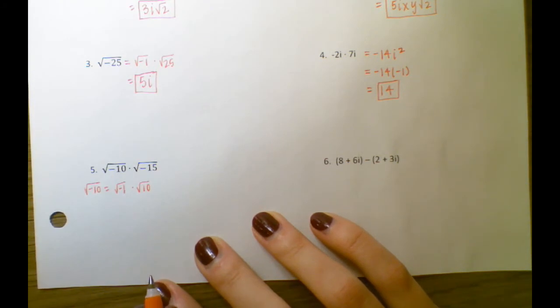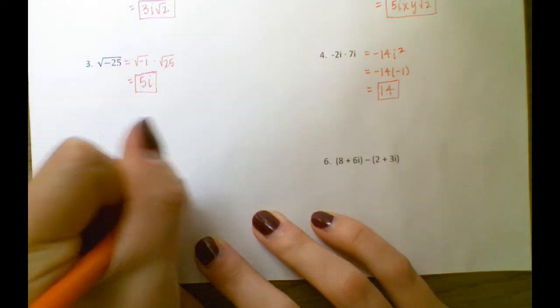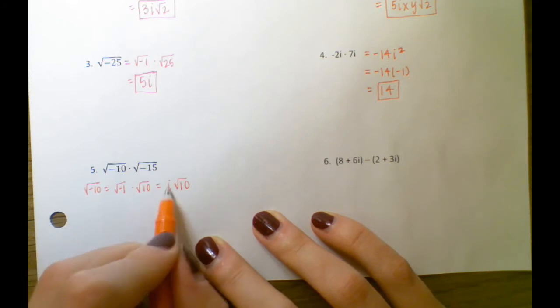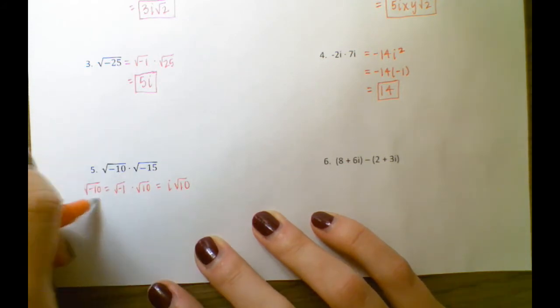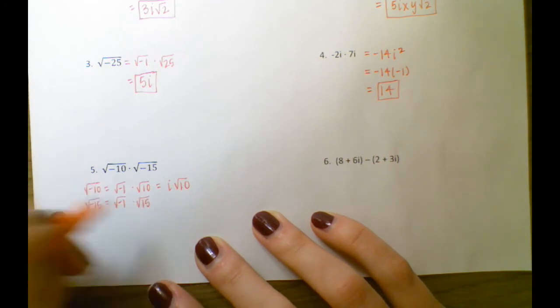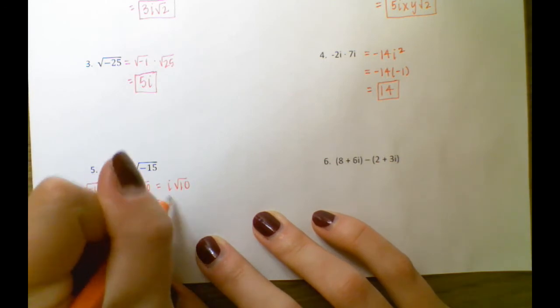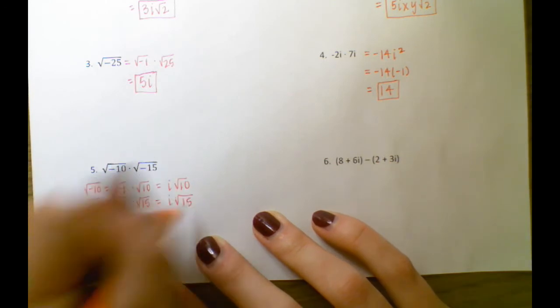And I can't simplify the square root of 10. So this is just i square root of 10 because we know the square root of negative 1 is i, right? All right, the square root of negative 15. You can say the square root of negative 1 times the square root of 15. And again, you cannot simplify the square root of 15. Square root of negative 1 is i, so we have i times the square root of 15.